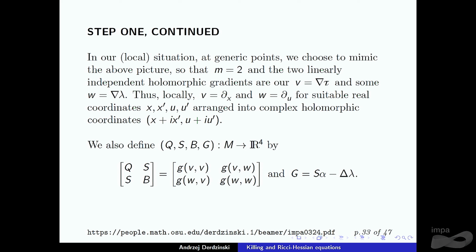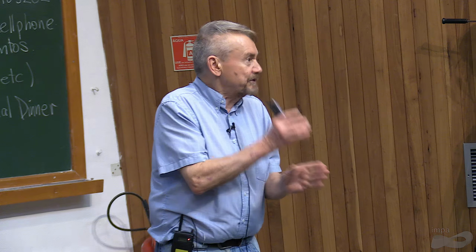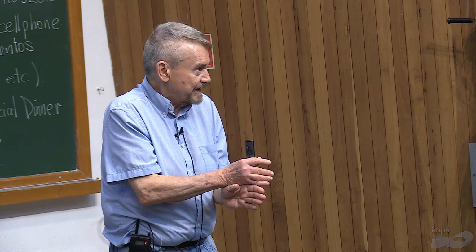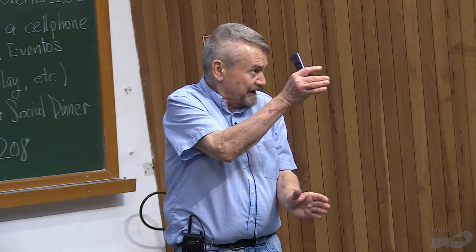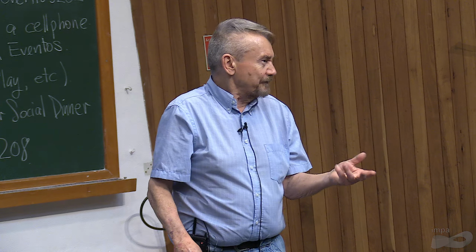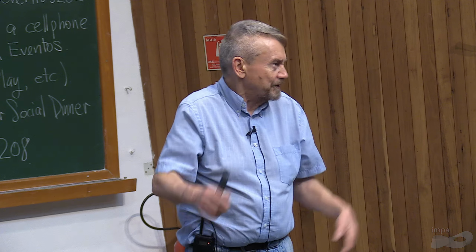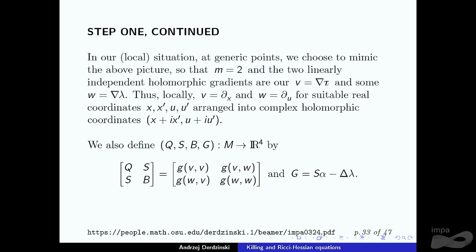So first of all, we are restricting the situation to a so-called slice. You see, once you have this toric action, or a local version of it, the orthogonal complements of the orbits automatically at generic points form an integrable distribution with totally geodesic leaves. And the metric, once you know it on such a slice, on such a leaf, is uniquely determined everywhere because those leaves are mutually isometric. So we are really discussing a metric on a surface.